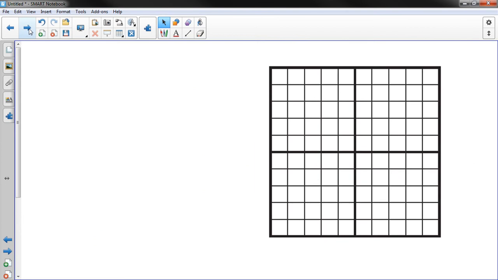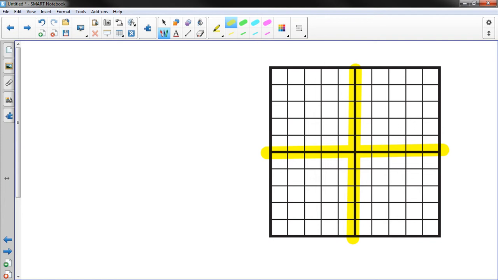Okay, so let's get started. What I would recommend is getting some graph paper. I think that would be really helpful, especially starting out. So I just have a small little grid here. You could get these small little grids from me. They're kind of nice because they're 10 by 10 and the whole grid is 100 squares, and you'll notice there's kind of a heavy line going down the middle and cutting across the middle in both directions, and that's nice if you are trying to add the squares individually.